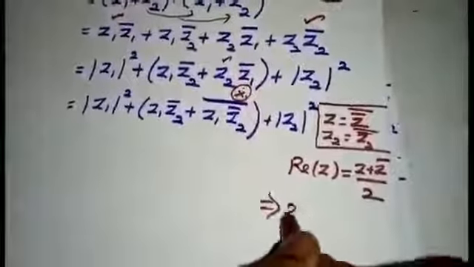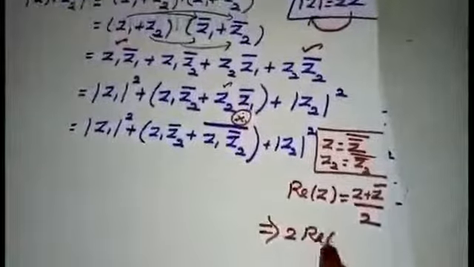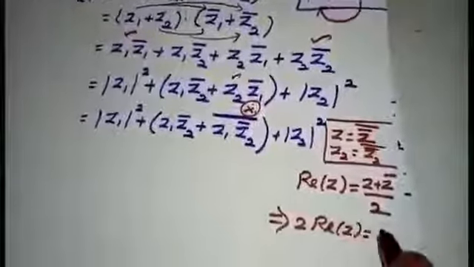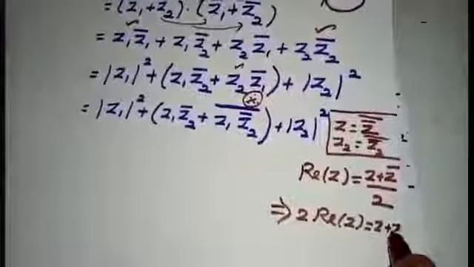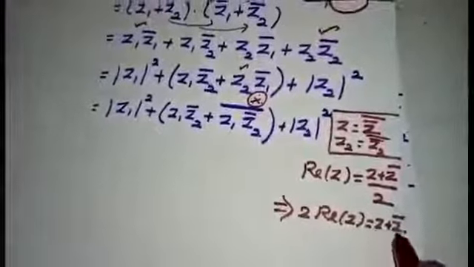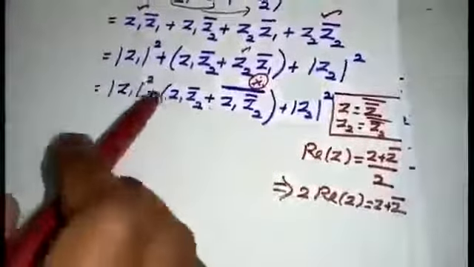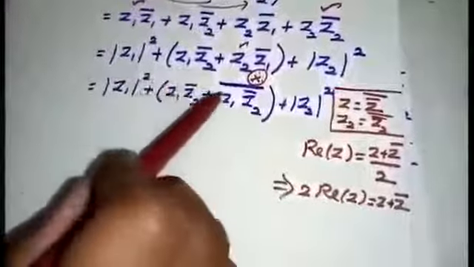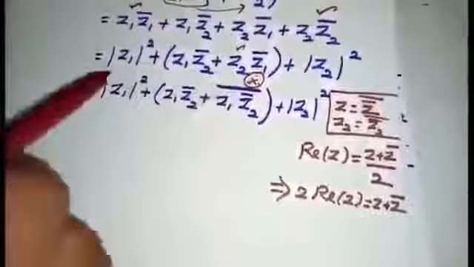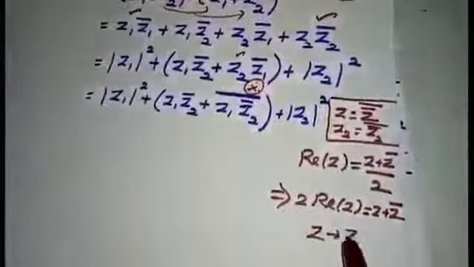That is, 2 real part of Z is equal to Z plus Z bar. So, in place of Z plus Z bar, I am having this value. Just imagine, in place of Z, I am having it as Z1 Z2 bar in my theorem.